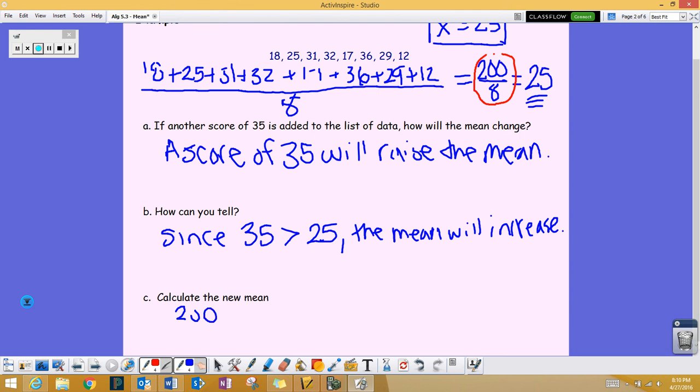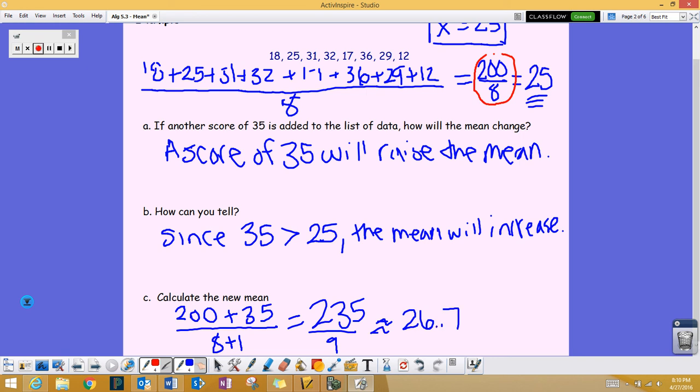So we now have 200 plus 35 divided by 8. Oh wait, but we added a score of 35. So this is actually going to be 8 plus 1 more score. So we get 235 divided by 9. And when we type that into our calculators, you get approximately 26.7. And were we right? Did that score of 35 raise the mean? Well, it sure did.